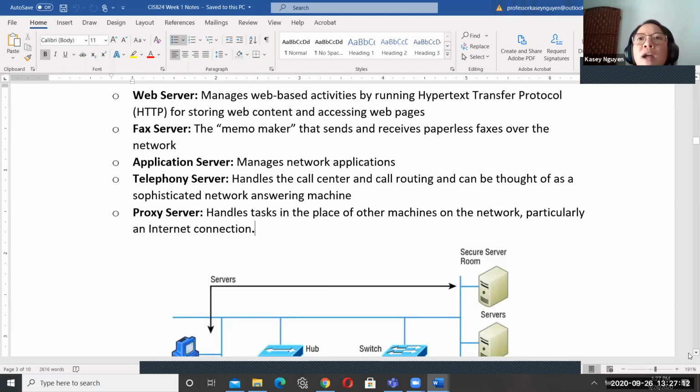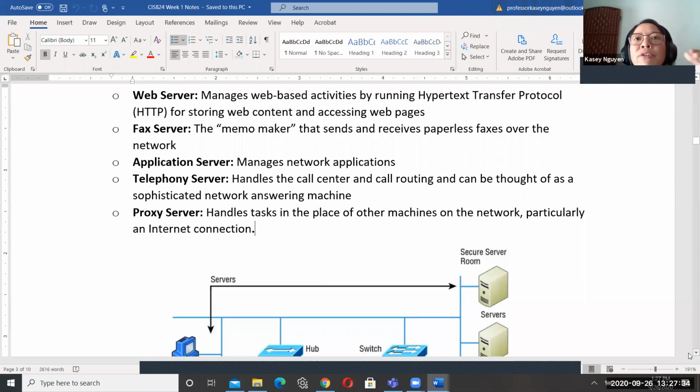you drive down the freeway and there's an accident, and the police come and reroute you to a detour. So you have to get off at the exit, go down the street, and then get back on a different on-ramp. A proxy server does exactly that.